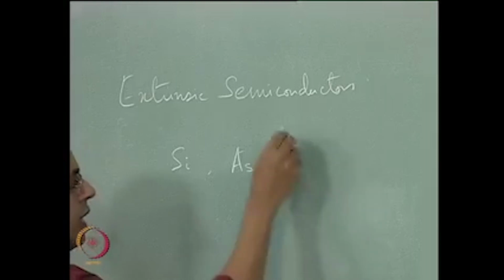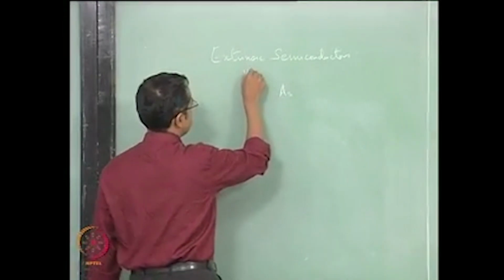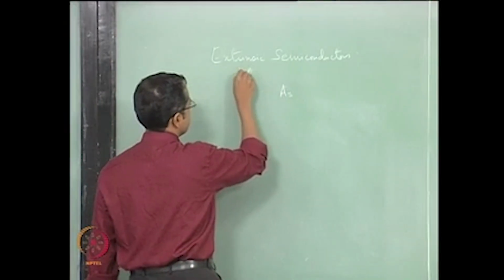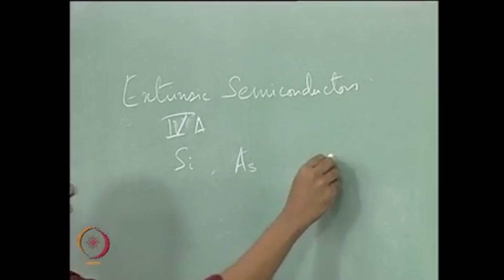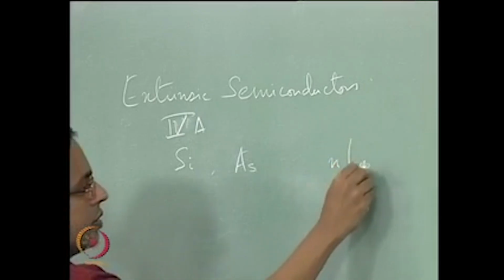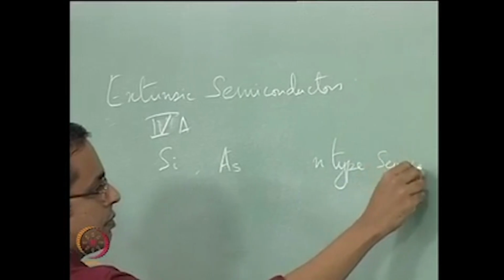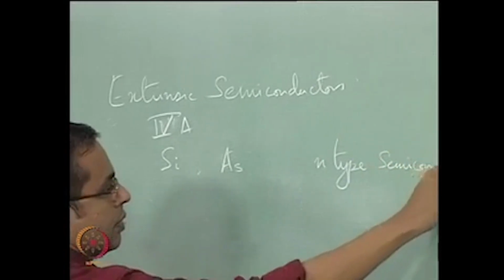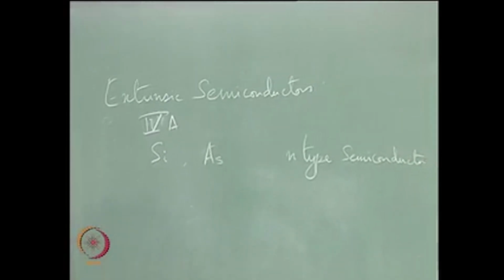So if you dope silicon, which is group 4a, with any element from group 5a, then you have an n type semiconductor, because you have additional electrons from the arsenic which can roam around.